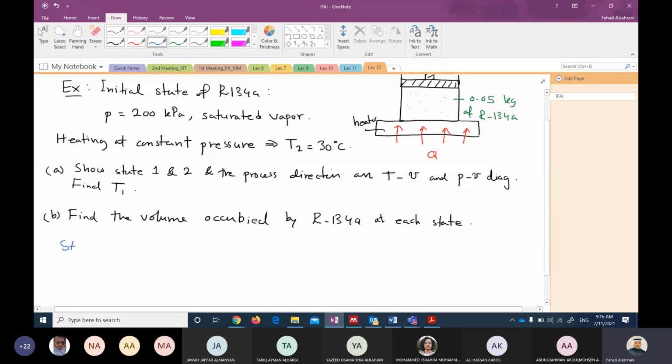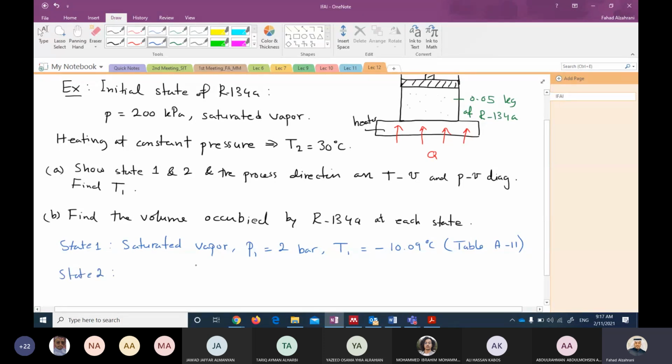So state 1, we said it is saturated vapor. We have P1 equals 2 bar, and T1 we found as minus 10.09 degrees Celsius from table A11. What about state 2?